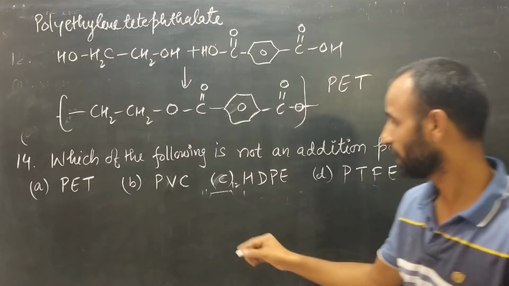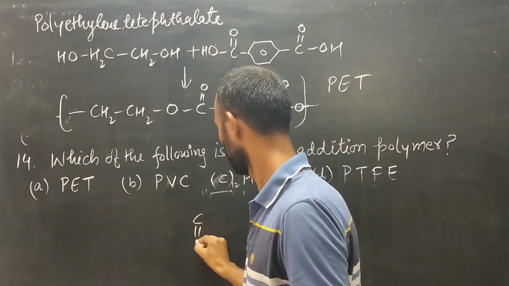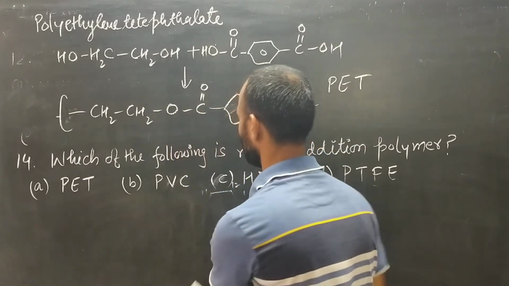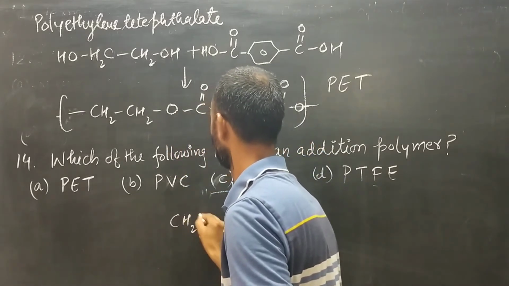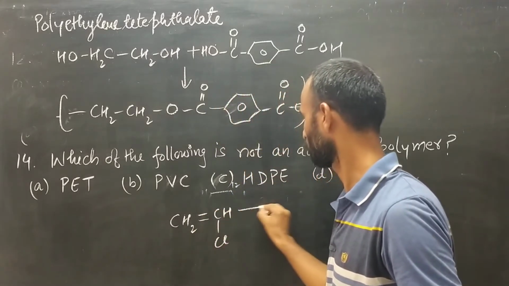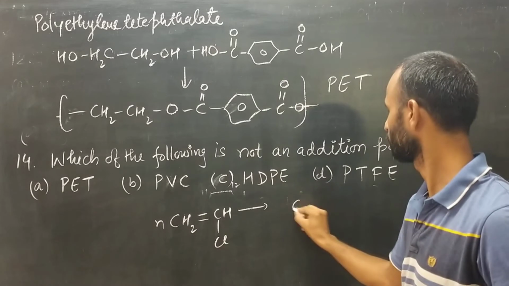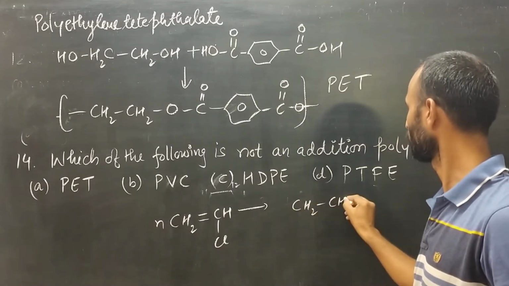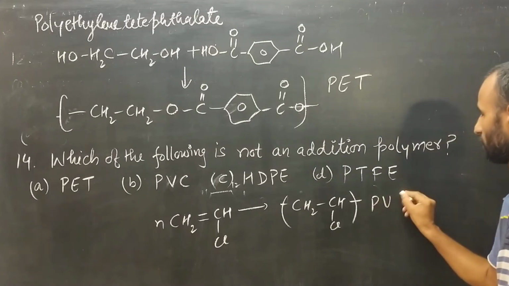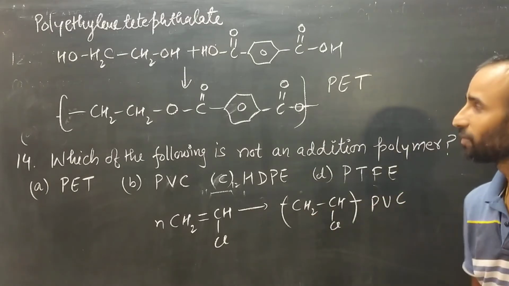PVC: C double bond, CH2, this is the vinyl group, Cl. This is polyvinyl chloride, and it is an addition polymer.